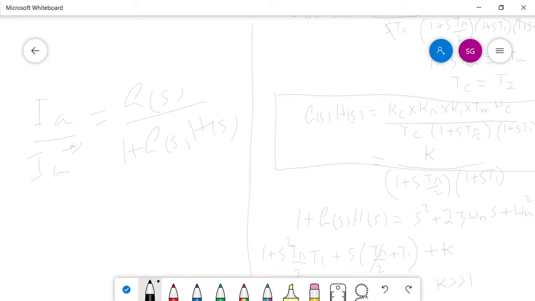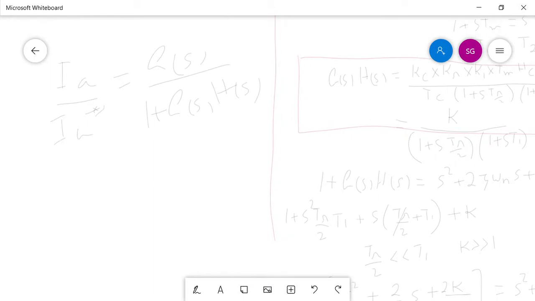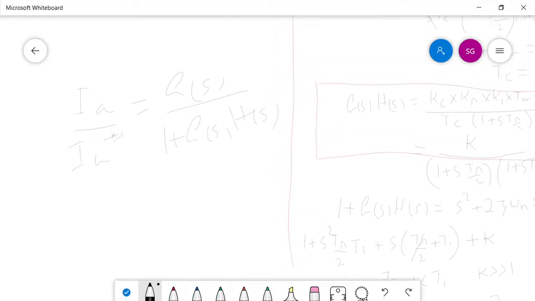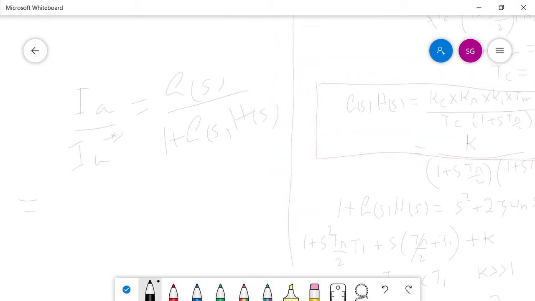So this system will reduce to K, assume 1 plus STr by 2 will come from there itself, into 1 plus ST1.